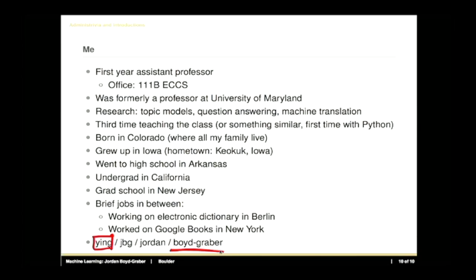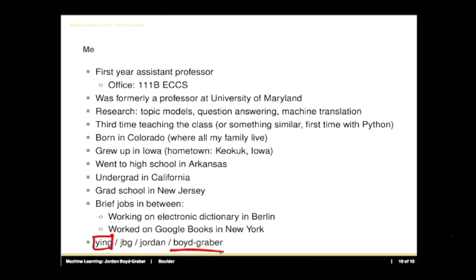So thus, please call me Jordan. I don't like Boyd Graber. I use it professionally. It's easy to Google, and so in that way it's nice, but I don't particularly like that either. Ying, I only use in my personal life, so don't call me that either. So please call me Jordan.